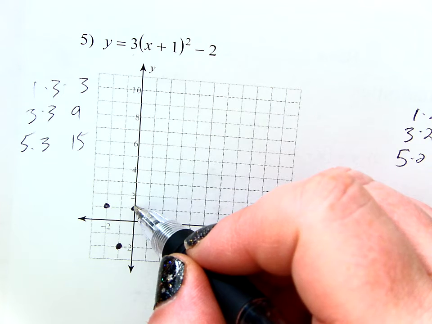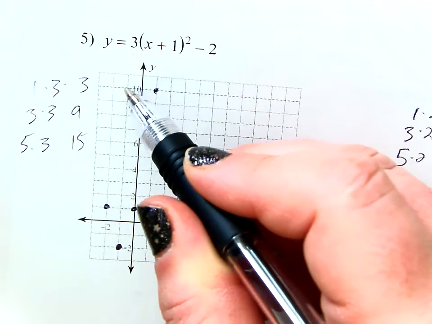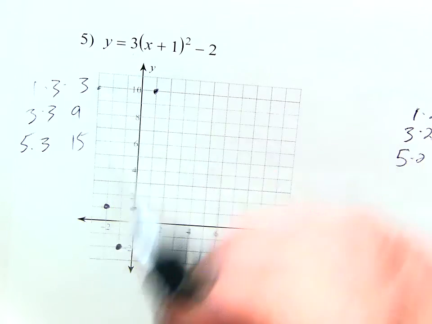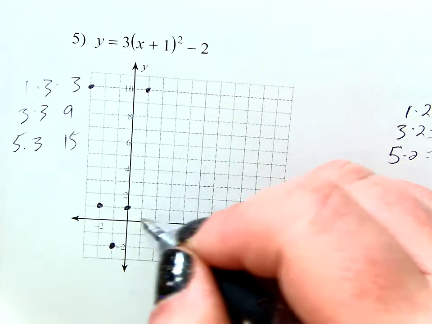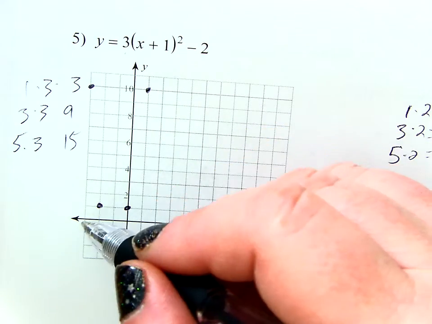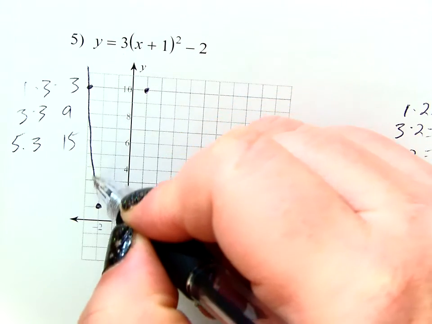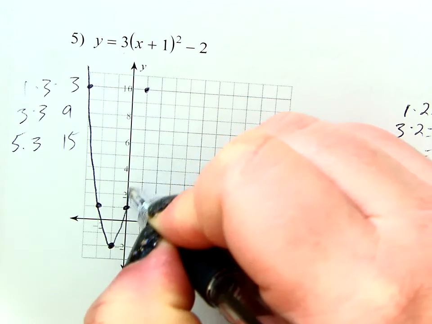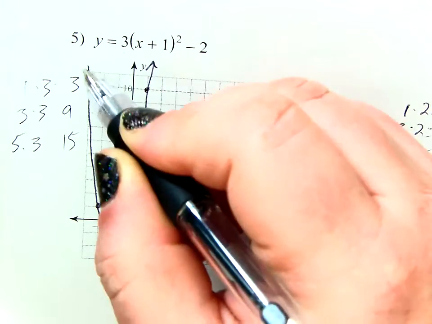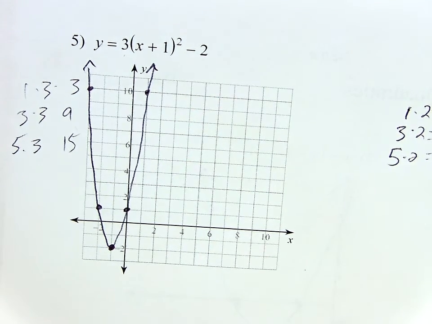And now from the point that I just made, I'm going to go up 9 over 1. So your next 2 dots, you should have one at 1, 10. And another one at -3, 10. And that's as much as I can fit. Smooth curve as best I can. There it is.